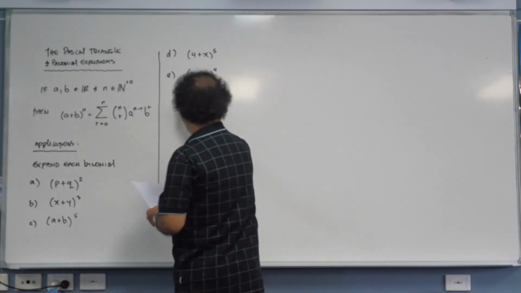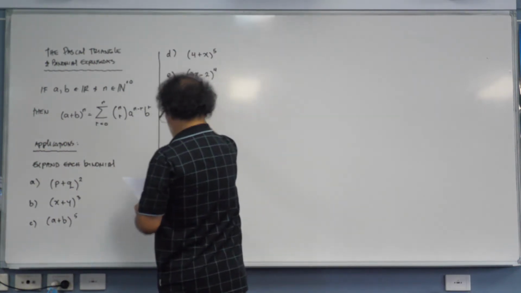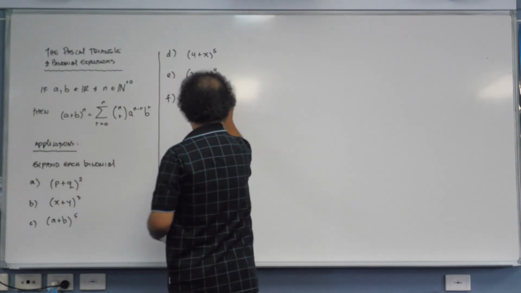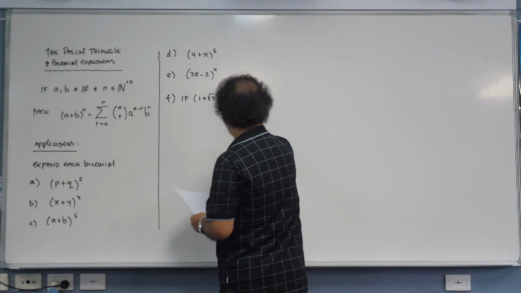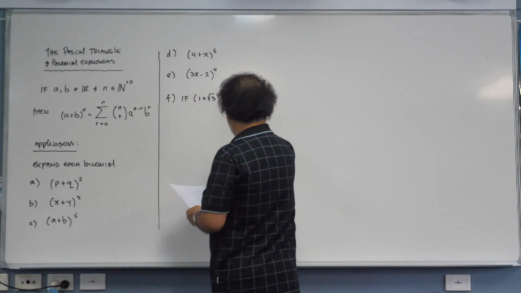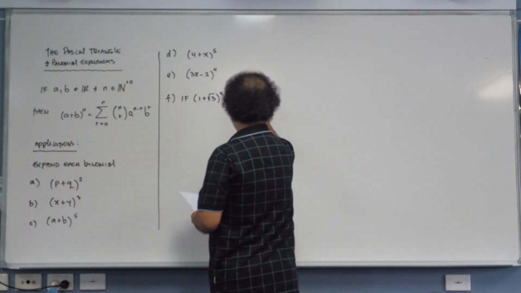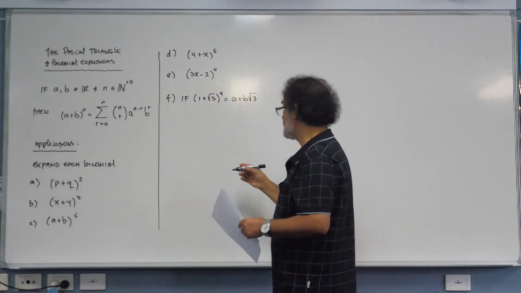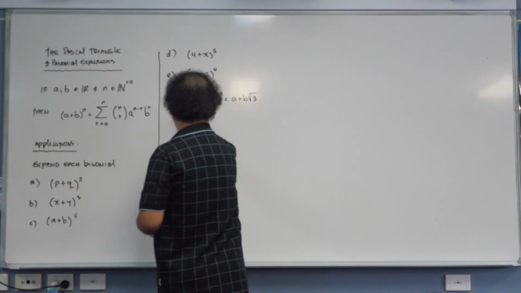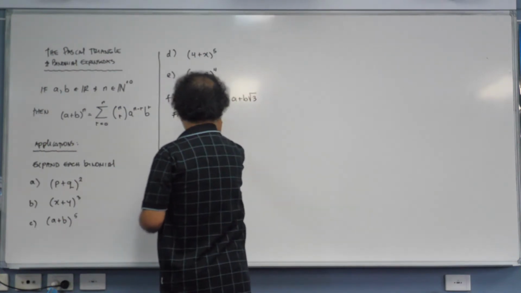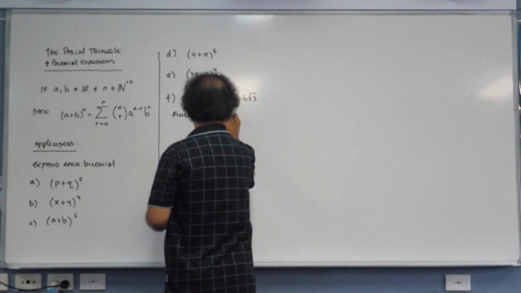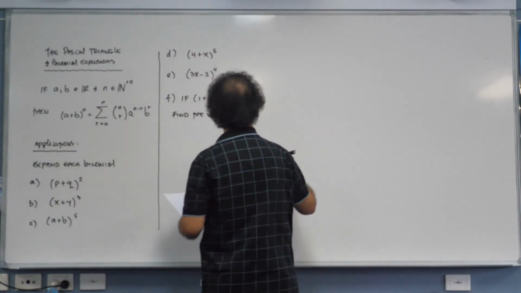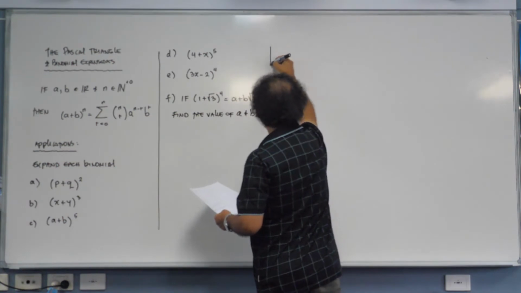And then question F: if 1 plus square root of 3 to the power of 4 is equal to a plus b square root of 3, then find the value of a and b.